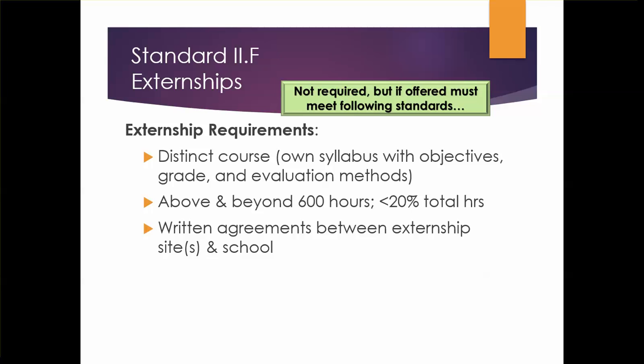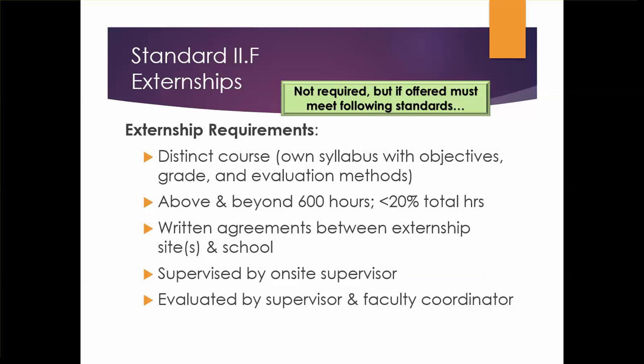So this is where it gets into being a planned activity, and these written agreements define the expectations of everybody. The students are supervised by an on-site supervisor who is licensed, and the student is evaluated by the on-site supervisor, and the faculty coordinator helps put together a final grade for the course. So that is the externship requirements.